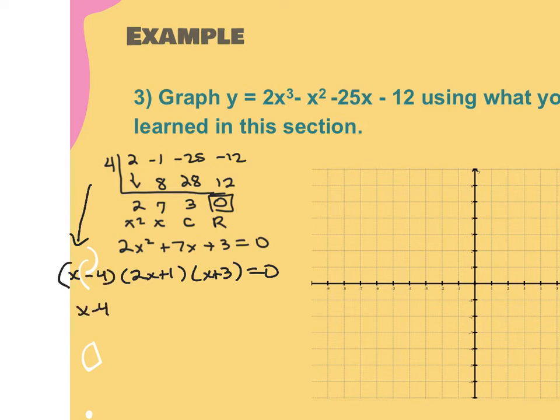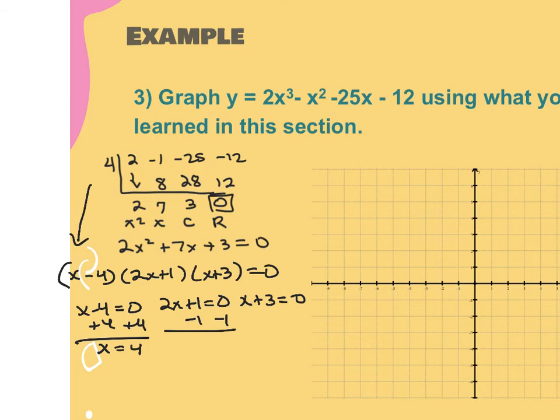Again, I'll set each factor equal to 0 and solve for x. I'm going to add 4, x equals 4, subtract 1, divide by 2, x equals negative 1/2, and then subtract 3, and x equals negative 3.